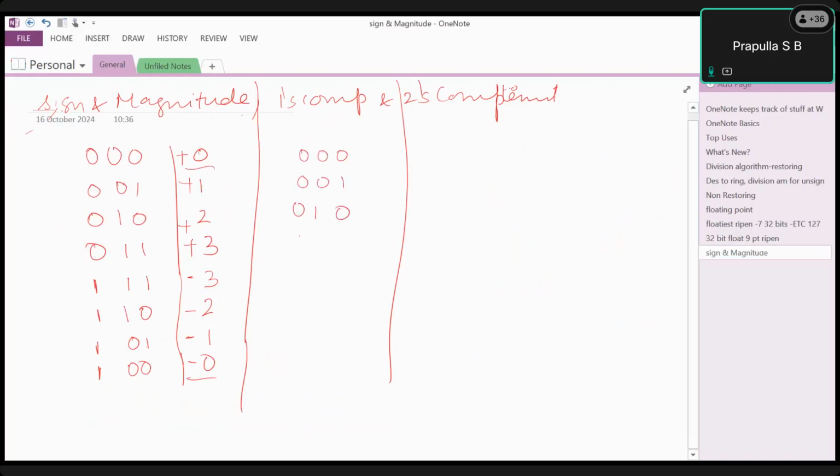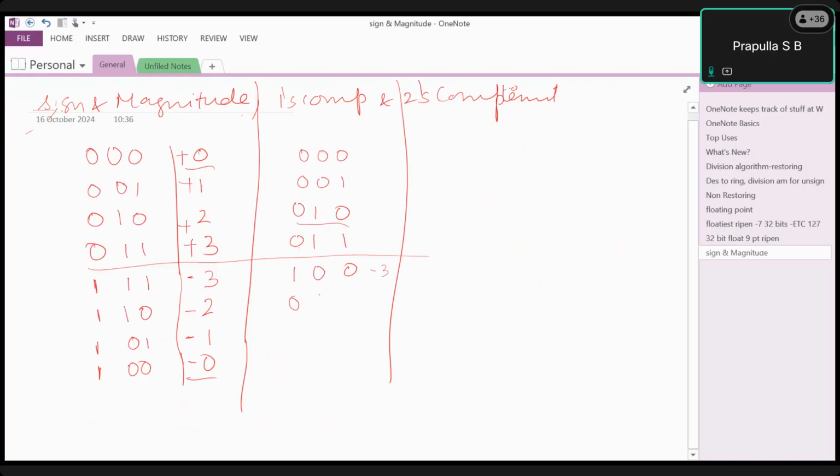For negative numbers in ones complement, it will be different. So this will be 100. Okay, so this will be your minus 3.